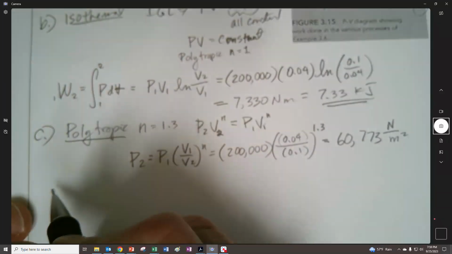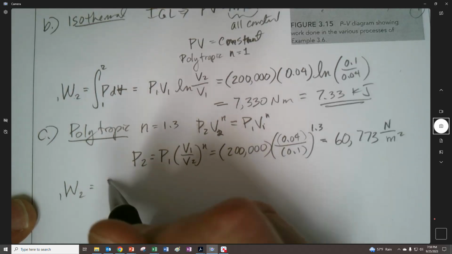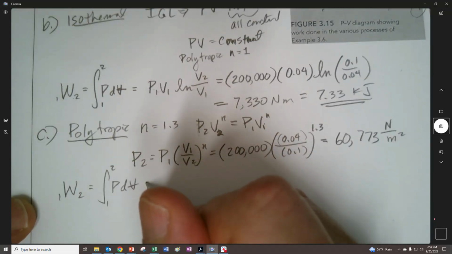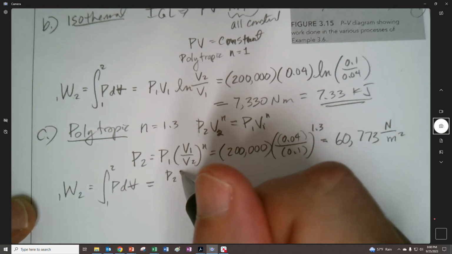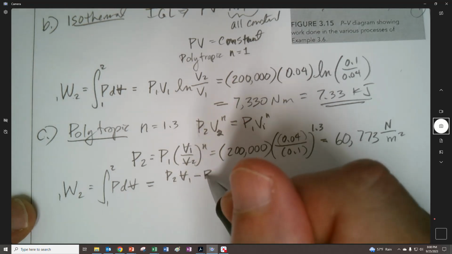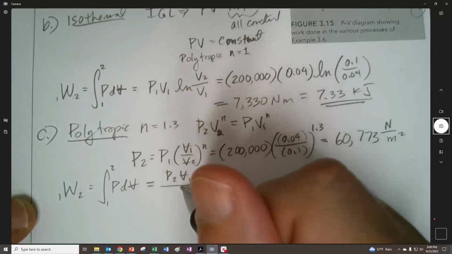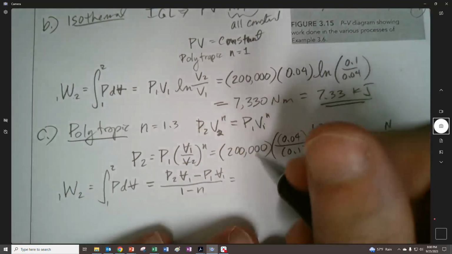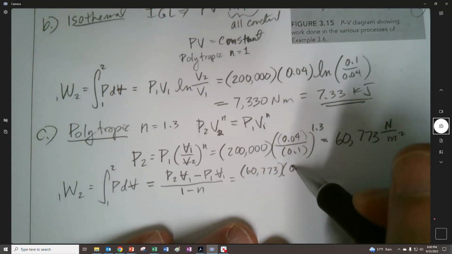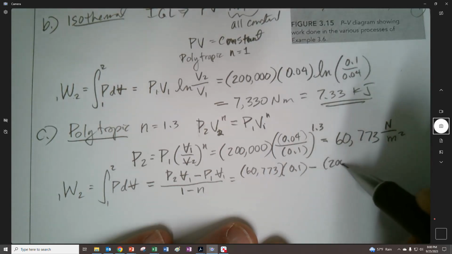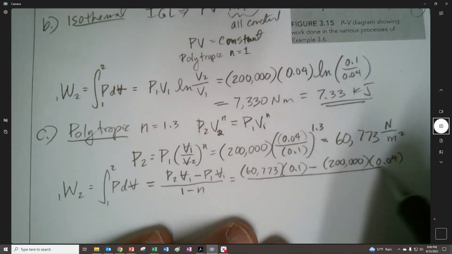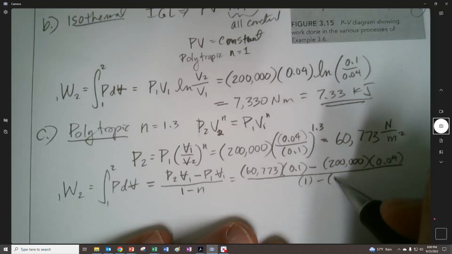But now I want to get the work between 1 and 2, the integral of P dV from 1 to 2, and set that equal to the equation that we found, P2 V2 minus P1 V1 divided by 1 minus N, or 60,773 times 0.1 minus 200,000 times 0.04 divided by 1 minus 1.3.